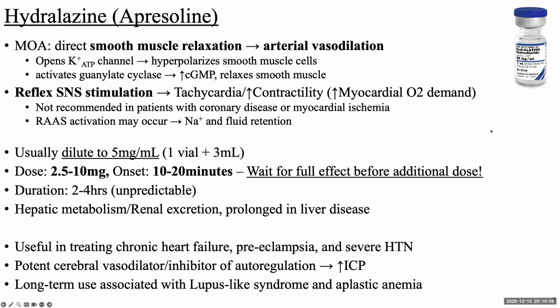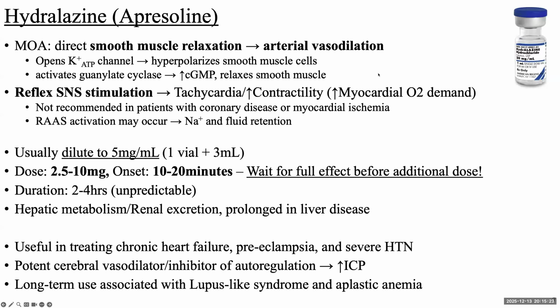Okay, now, one of our mainstay vasodilating agents that are commonly available to us in the OR is hydralazine or apresoline. The mechanism of action is direct smooth muscle relaxation, which leads to arterial vasodilation.